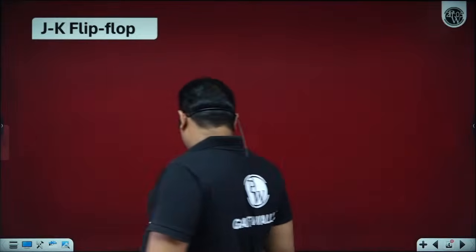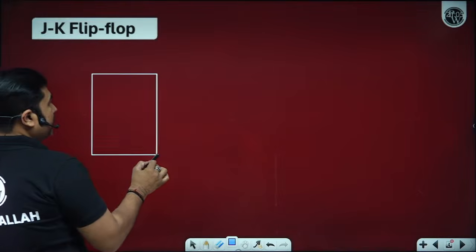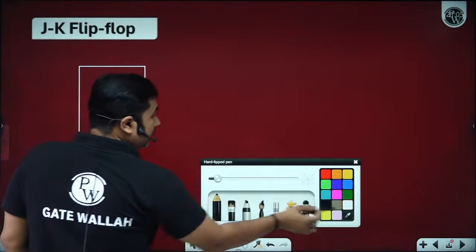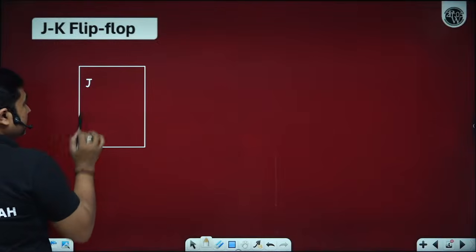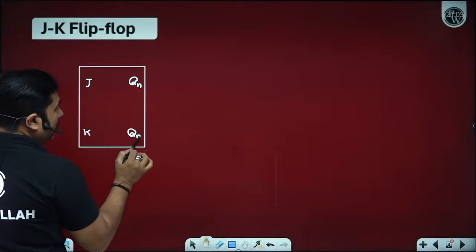Please observe, this class is very important because just after this class you will be able to design any kind of desired flip-flop. Now if we talk about JK flip-flop, it can be represented in this way: J, K, Qn, Qn complement.